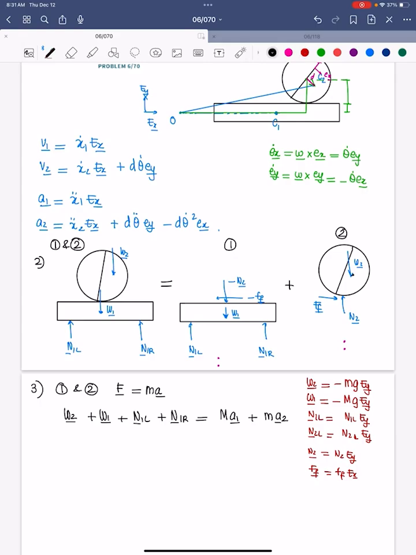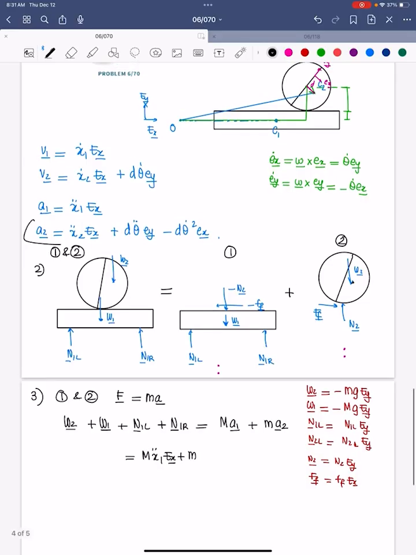So we will get from the acceleration side that it's equal to M x double dot 1 Ex plus small m, and now we have this. A2 is x double dot 2 Ex plus d theta double dot Ey minus d theta dot squared Ex.